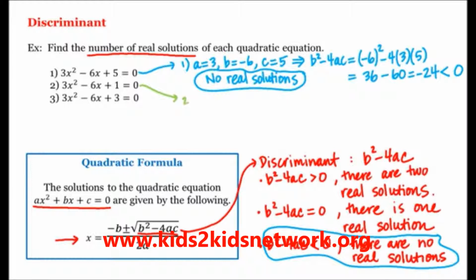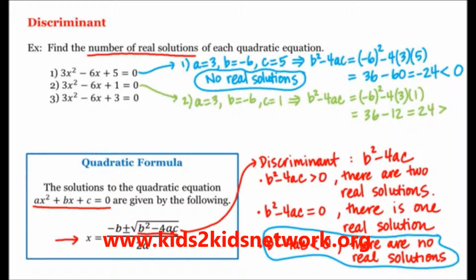All right, what about our second equation here? We have that a is equal to 3, b is equal to negative 6, and c is equal to 1, which means our discriminant then, this b squared minus 4ac, is equal to negative 6 squared minus 4 times 3 times 1, which is equal to 36 minus 12, which is equal to 24, which is greater than 0, which means we're in this first case down here.